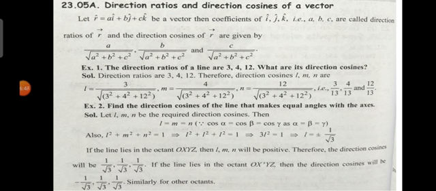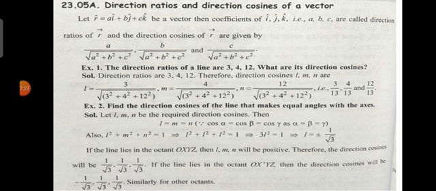If r cap is a unit vector with coordinates a i cap, b j cap, and c k cap, the coefficients a, b, c of i, j, k are the direction ratios of r, and the direction cosines of r are given by a by root of a square plus b square plus c square, b by root of a square plus b square plus c square, and c by root of a square plus b square plus c square.